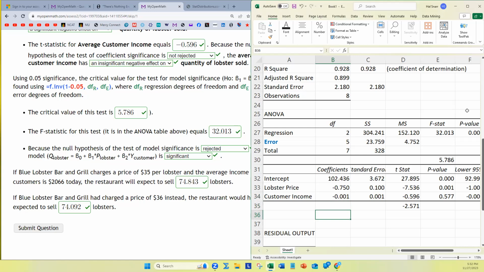Why? Because it's insignificant. This is basically zero. Both this and that in magnitude are close to zero. And the T-stat is saying this thing that's close to zero is statistically indistinguishable from zero, right? So customer income is having a very tiny effect on the number of lobsters sold.